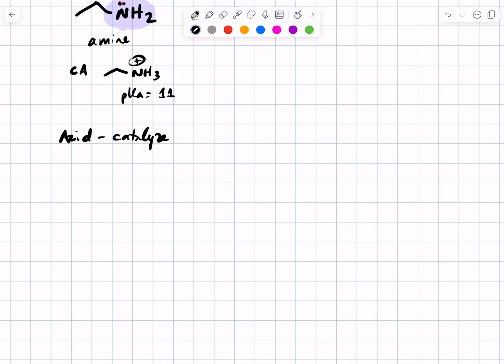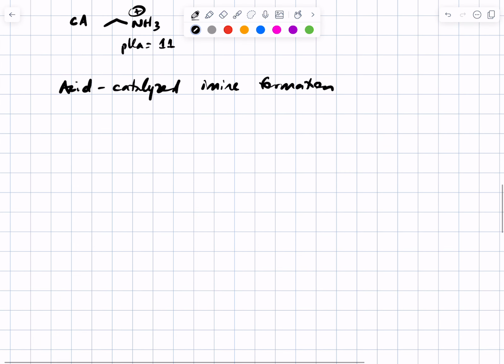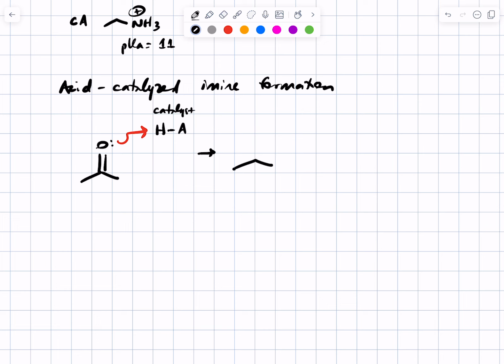So when we need acid catalysis to make imine formation occur, there are a couple of options for what might go on. You could envision, for example, the first step being the carbonyl oxygen picks up a proton from your acid catalyst to generate this oxonium ion intermediate.